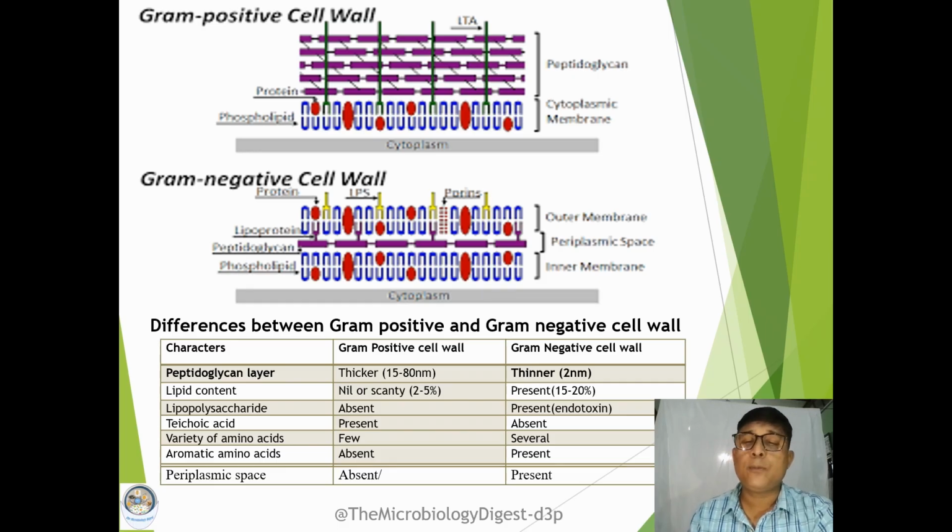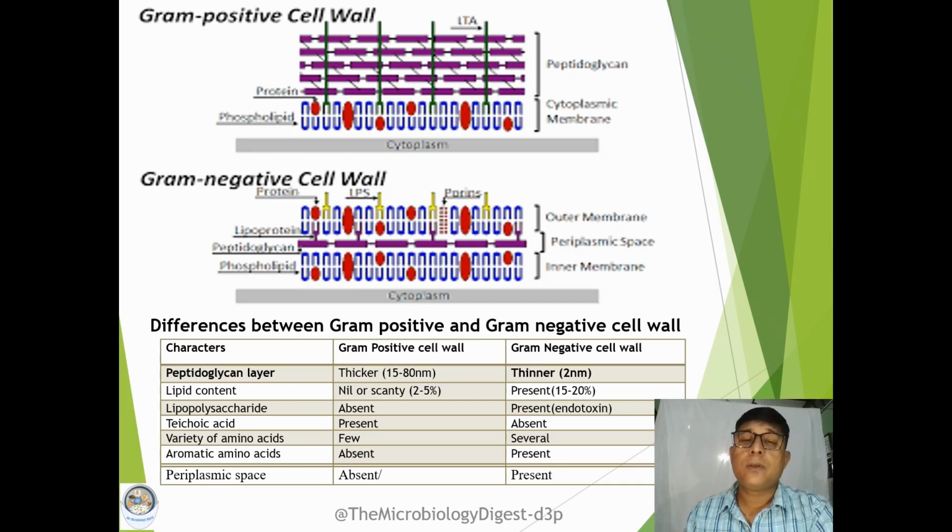Then the teichoic acid moiety is present only in gram positive organisms and is absent in gram negative. Another important difference is the periplasmic space. It is very thin, or sometimes absent, in gram positive, but the periplasmic space is always present in gram negative organisms.